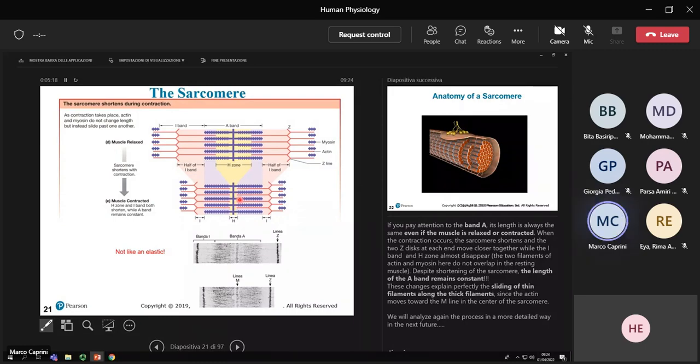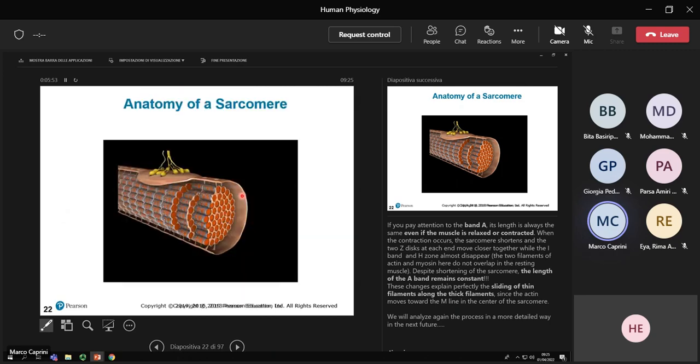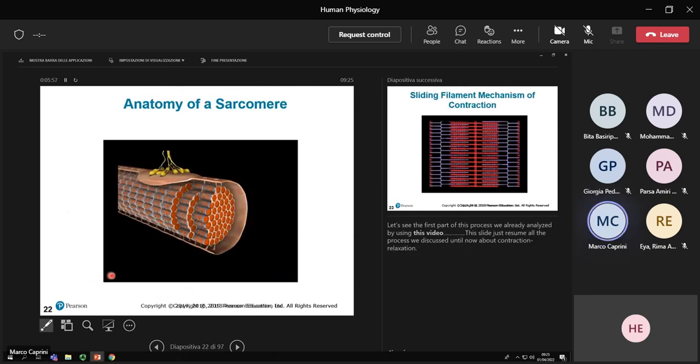Just moving on the right of this figure by the cross bridges that occurred between myosin and actin. We will analyze again the process in a more detailed way in the next feature. Now we know that this process can occur because the thin filaments are able to move along the thick filaments. Let's see this short video.